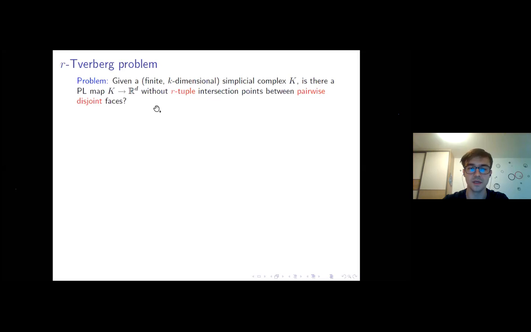So the difference is, of course, that an embedding is roughly when I ask for two-tuple intersection points, but there is also this pairwise disjointness, which makes it slightly different. The difference is not something I'm going to be talking much about, but just imagine this is an embedding for more faces intersecting at the same time.